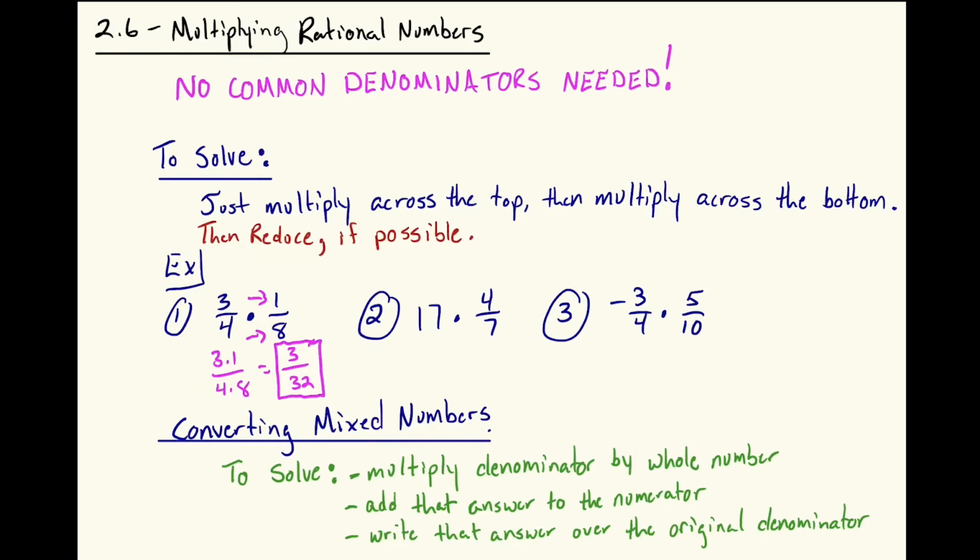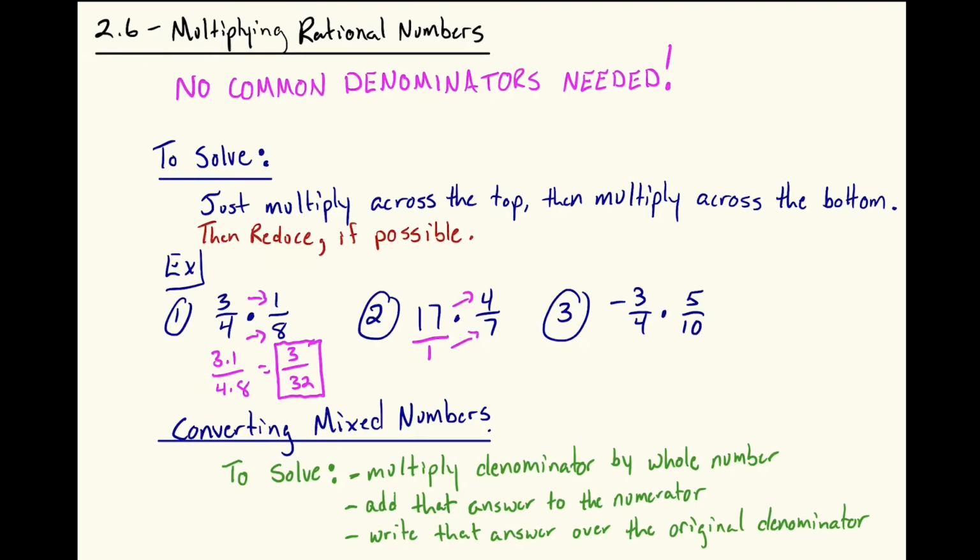Moving on to number 2, in this case we have a whole number times a fraction. At first glance, this problem doesn't look like it should be in this section. But we can rewrite whole numbers by making them over 1. 17 over 1 is the same thing as just regular old 17. Now that I've made the whole number into a fraction, it's the same kind of deal.